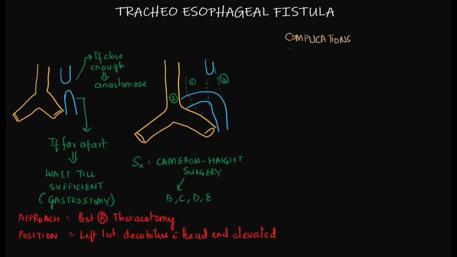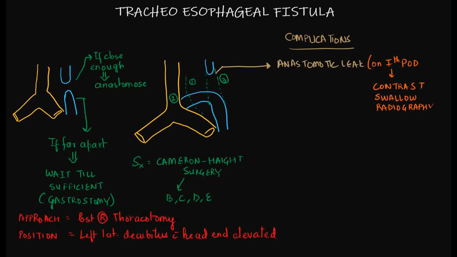There can be anastomotic leak, and that is why on the 7th post-operative day, contrast swallow radiography is done, and if leak is absent, oral feeds can be initiated. There can be stenosis or stricture, and that is why on the 3rd week after surgery, esophagus is dilated up to 24 French size to prevent esophageal stenosis.